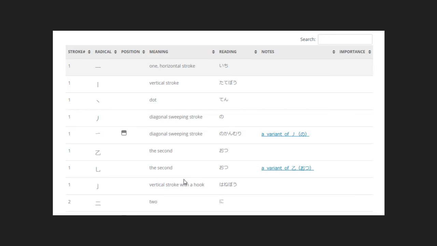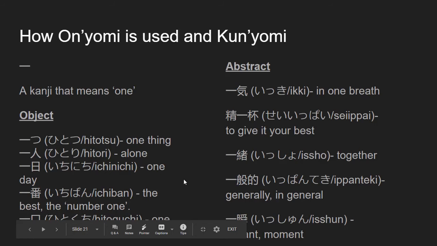You can go and check this out to look at the strokes for each kanji, and you can look at the readings if you're interested in how the kanji is built up and what readings it might use. So you can use on'yomi. You can see how on'yomi and kun'yomi is used for one.